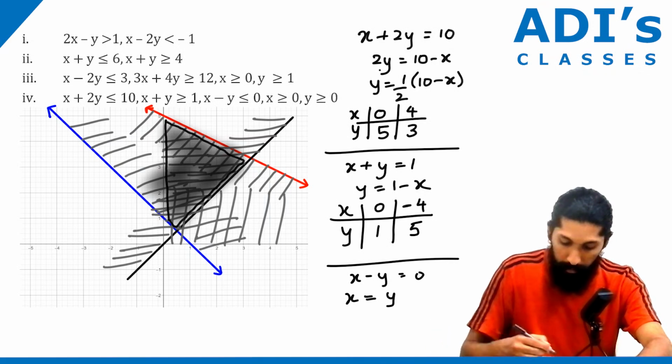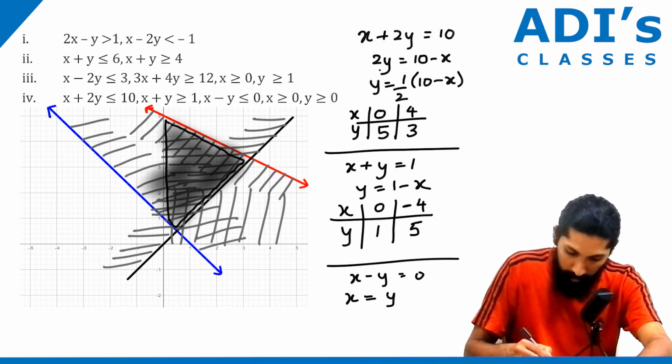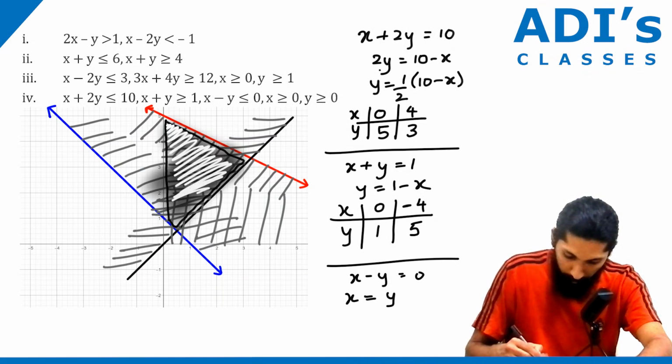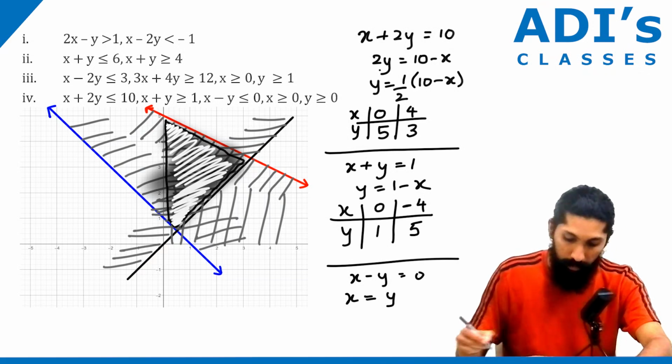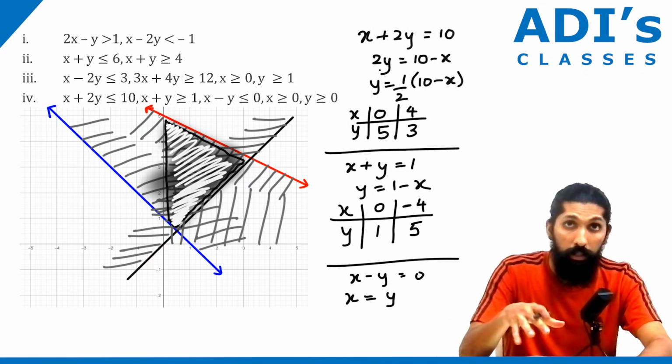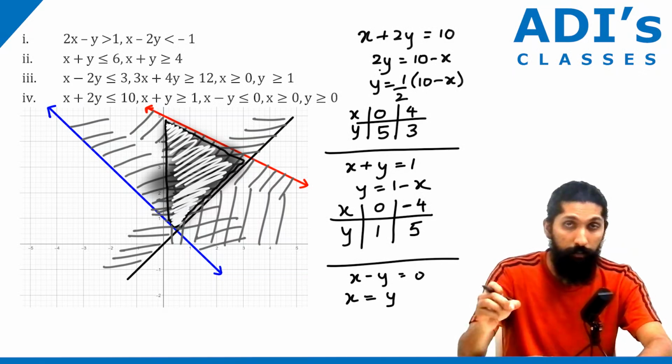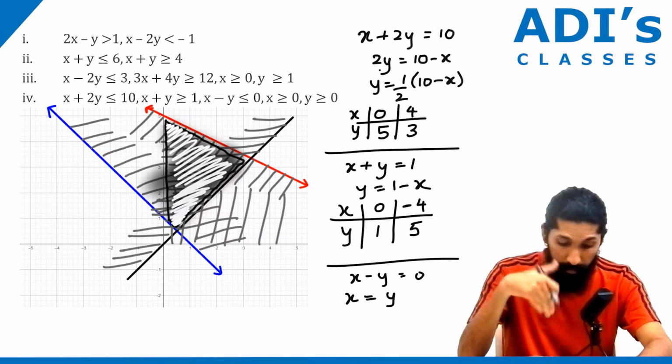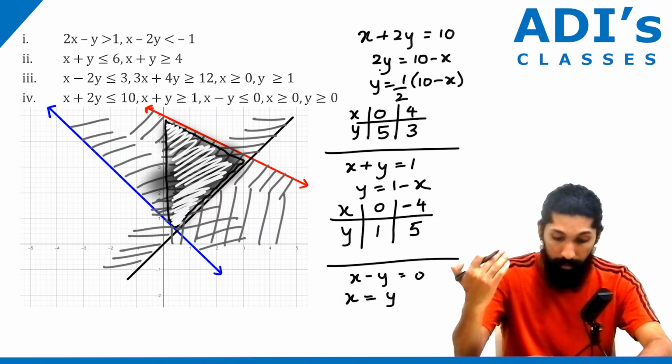Let's be a little clearer on this one. See this region? This is the region we are looking at. This region gives you the answer for the given question, because that region satisfies all the conditions.